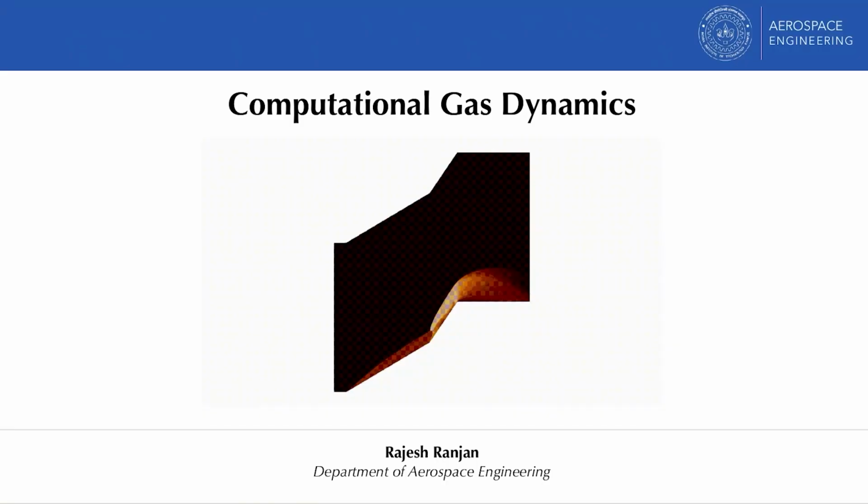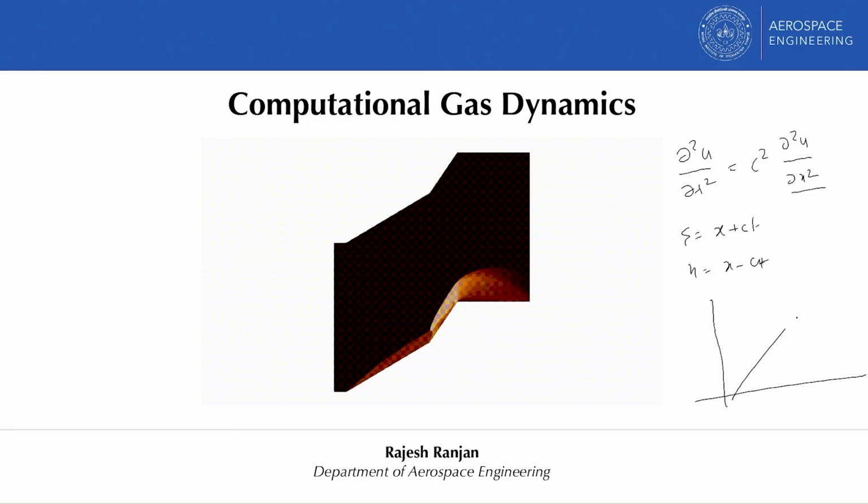So, let us say you have a wave which is governed by this equation, del squared u by del t squared equals c squared del squared u by del x squared. If the wave is marching in time, it will have two characteristics, x plus ct and x minus ct. Let us say I am here at x0, t0.